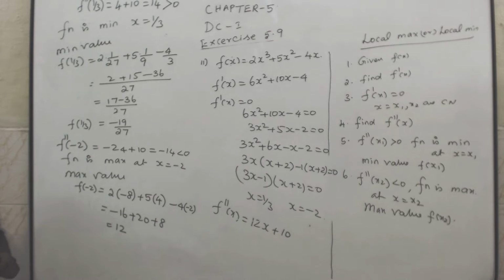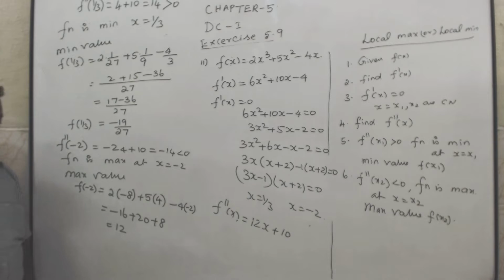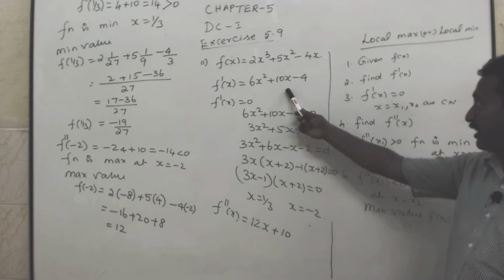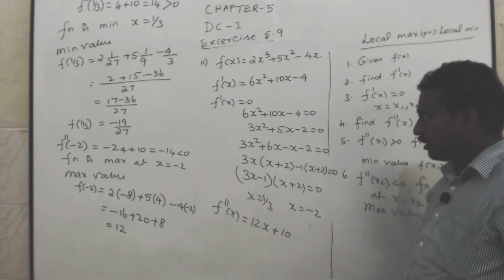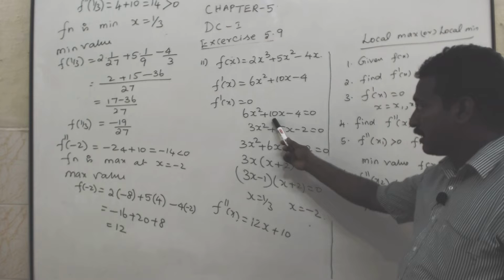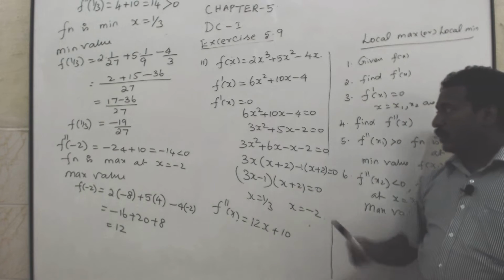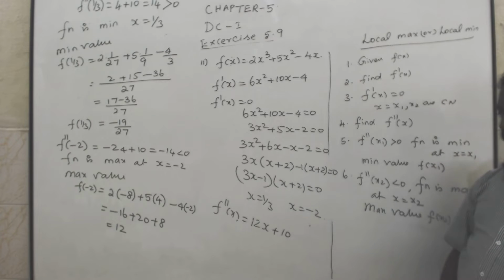So, maximum value 12, minimum value minus 19 by 27. Once again, see the procedure. f of x, f dash of x, f dash of x equal to 0. Then 6x square plus 10x minus 4 equal to 0. Divide by 2. Factorize and simplify, will get this result.